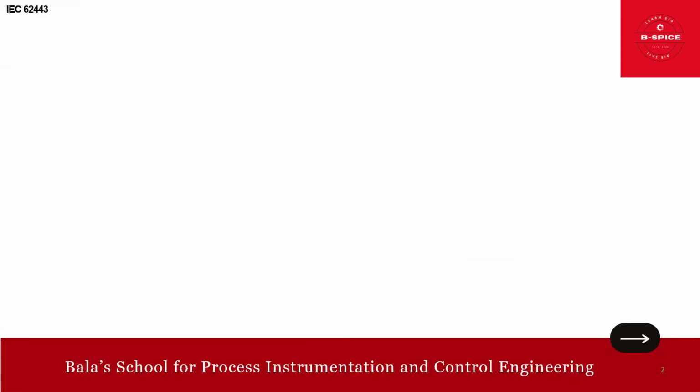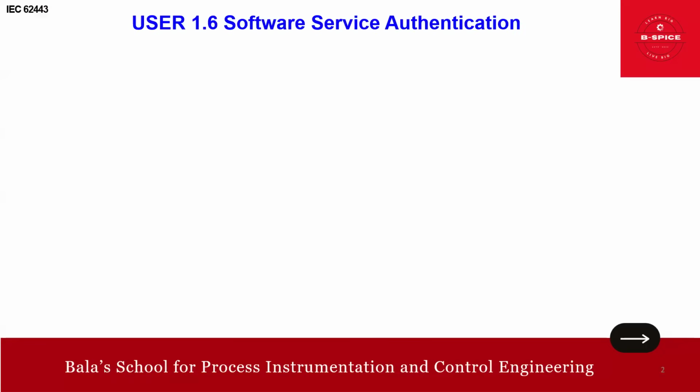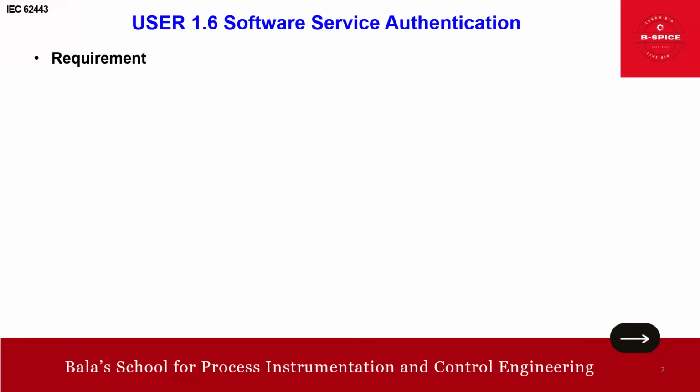In this session, we'll continue with the other items. In fact, there are 19 items in total in this group, so we'll start this session with 1.6, which talks about software service authentication.